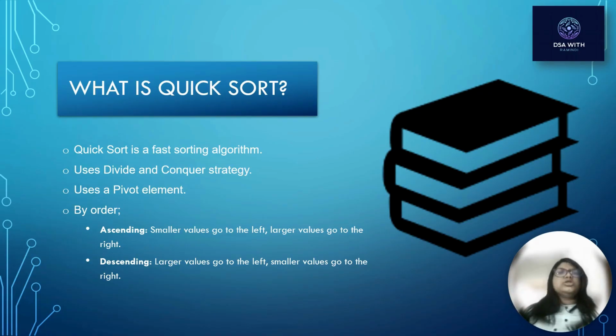Depending on the order you want, the rule changes slightly. For ascending order, smaller values move to the left, larger values move to the right. For descending order, larger values move to the left and smaller values move to the right. That's it. That is the golden rule of quicksort. Let's look at how this splits our workload.